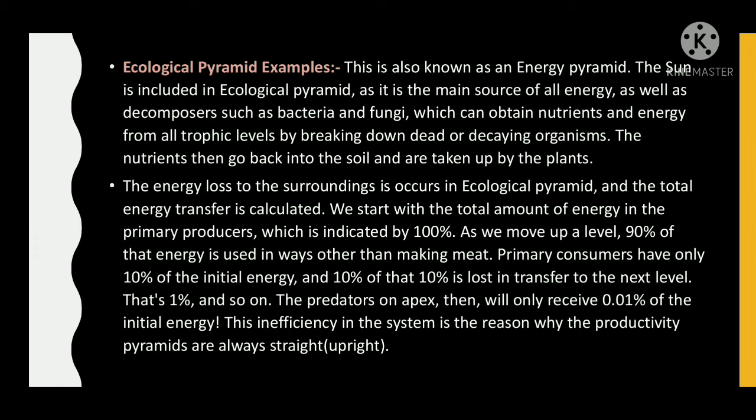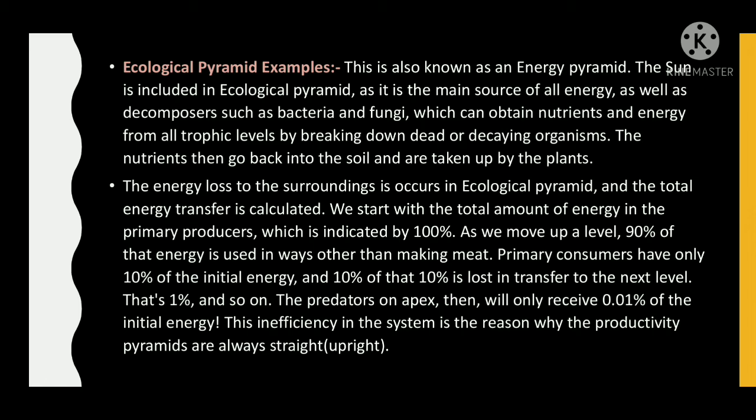We start with the total amount of energy in the primary producers, which is indicated by 100%. As we move up a level, 90% of that energy is used in ways other than making meat. Primary consumers have only 10% of the initial energy, and 10% of that 10% is transferred to the next level, the 1%, and so on.